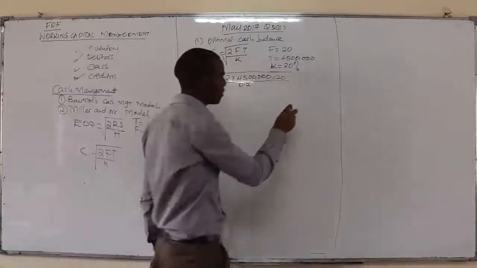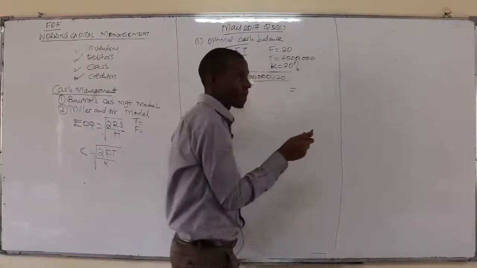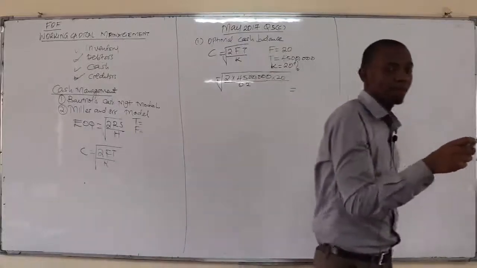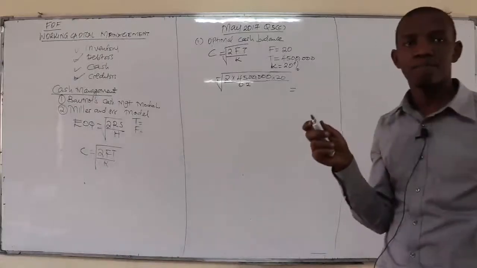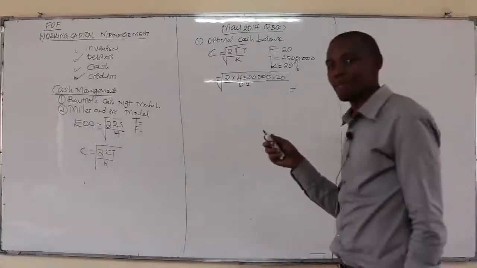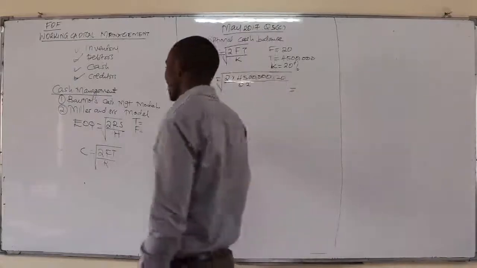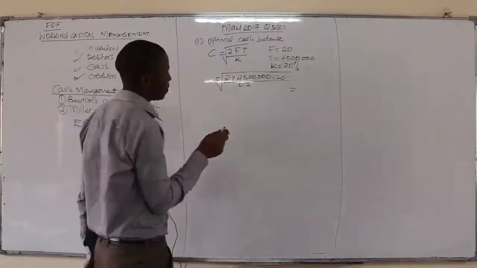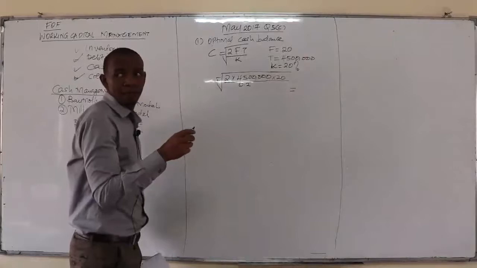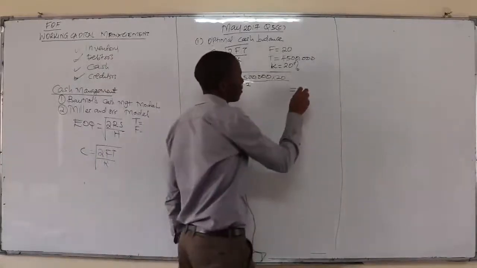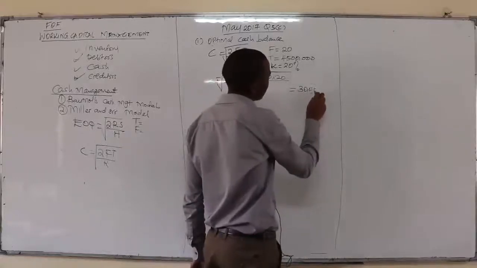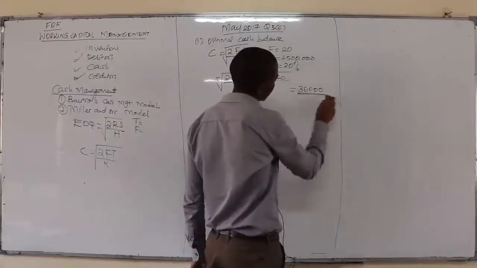So how much are you getting from that? 30,000. So that is the optimal cash balance, C.